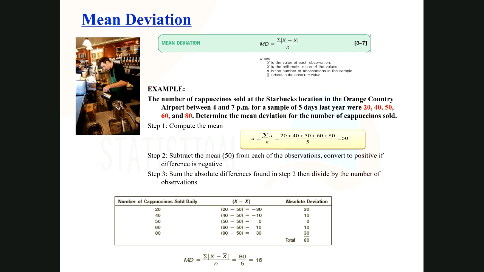There's the formula. We add up all the numbers, divide by the number of observations, and we get 50. Then you subtract the mean from each of the observations and convert to positive if the difference is negative. And then sum the absolute differences found in step 2, then divide by the number of observations.